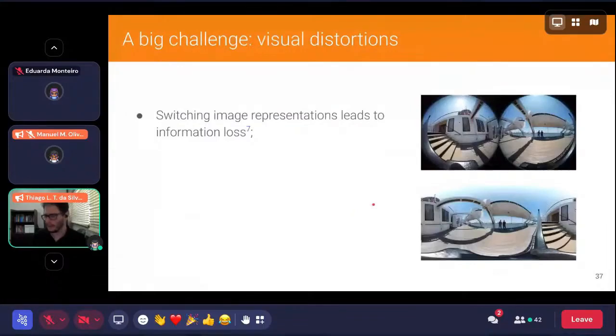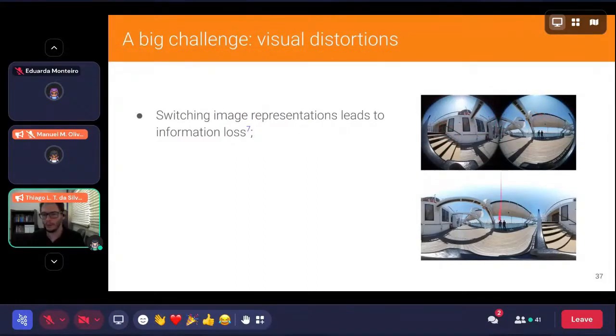Well, besides the sphere-to-plane mapping issues that we mentioned before, we have other issues as well. Like from a dual fisheye camera, we have one capture like this one, where we have two hemispherical images.